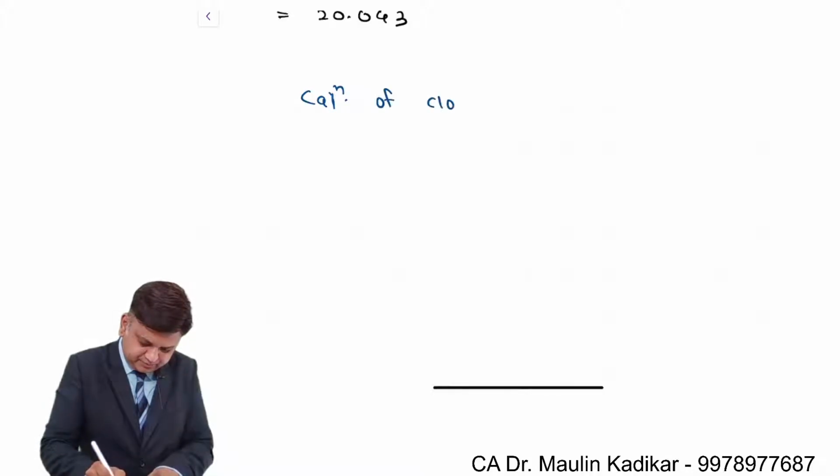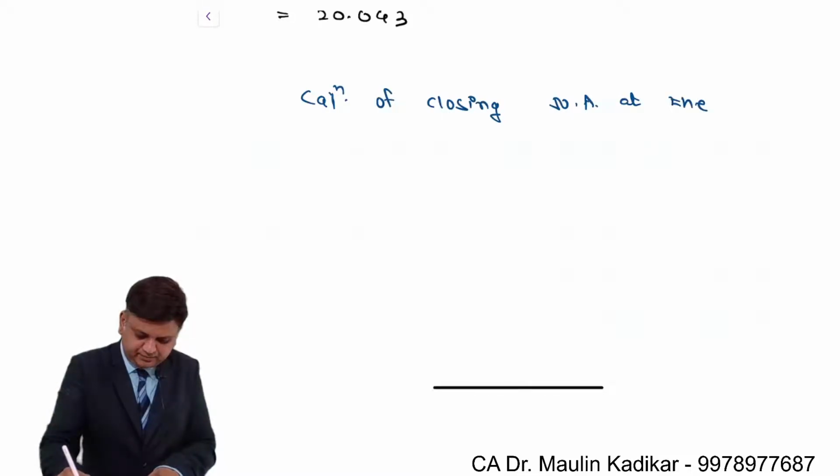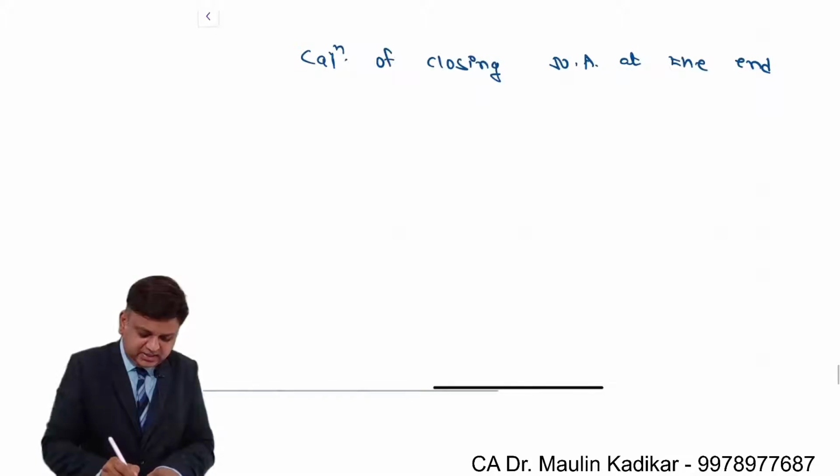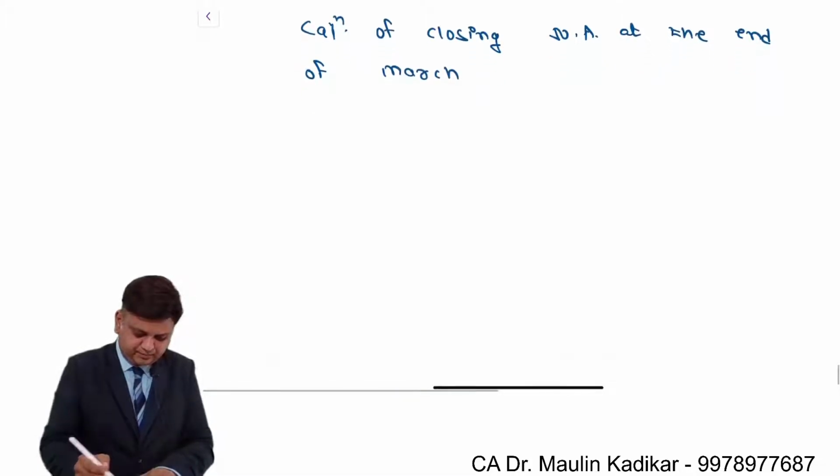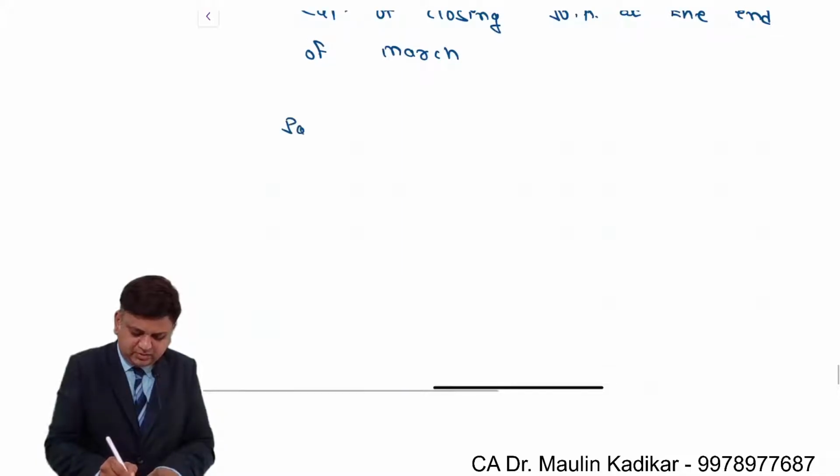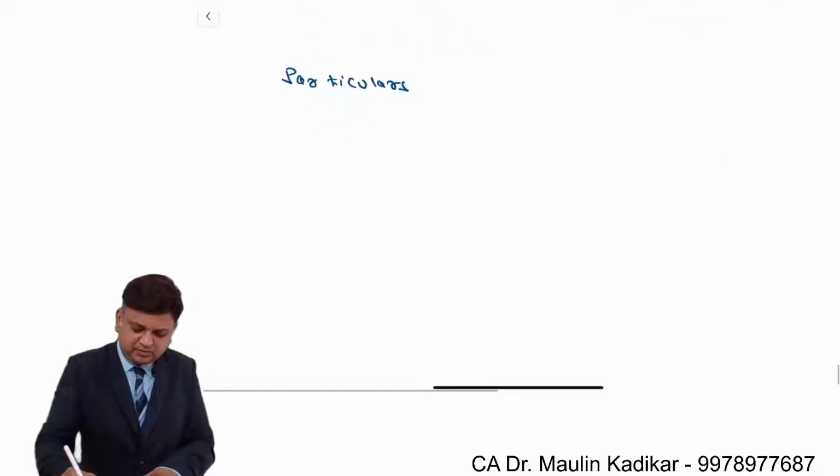Calculation of closing net asset at the end of March. Column number 1 particulars, column number 2 amount.